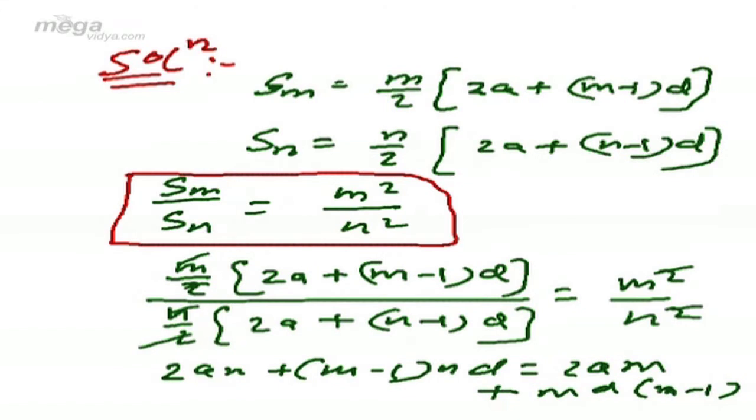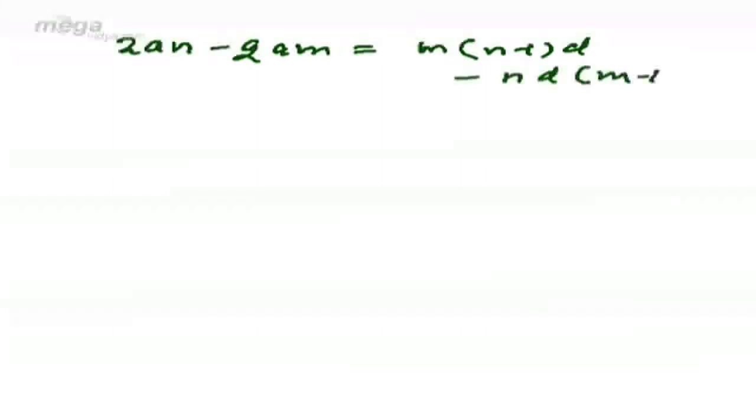Now we have to find a or d to find the ratio of the mth and nth terms. Because of this, I shift 2am to this side and m minus 1 into nd to this side. Then we get 2an minus 2am is equal to m into n minus 1 into d minus nd into m minus 1.